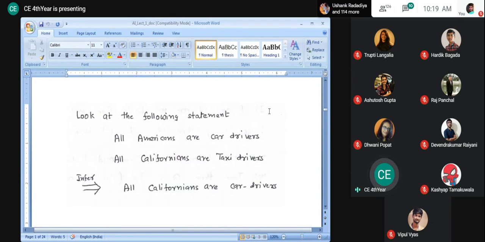You can relate this to a mathematical property, say transitivity. All Californians are Americans. All Americans are car drivers. Therefore, all Californians are car drivers. A to B, B to C, conclusion A to C. So here we are using the transitivity mathematical property to infer that all Californians are car drivers.